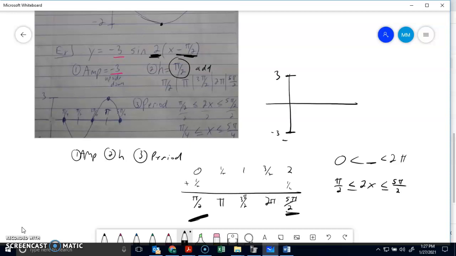The B value there is 2. So I'm going to divide everything by 2. So now my period is pi/4 to 5 pi/4. Two divided by 2, or for both denominators we multiply, gives 5 pi/4. So here's my new period.